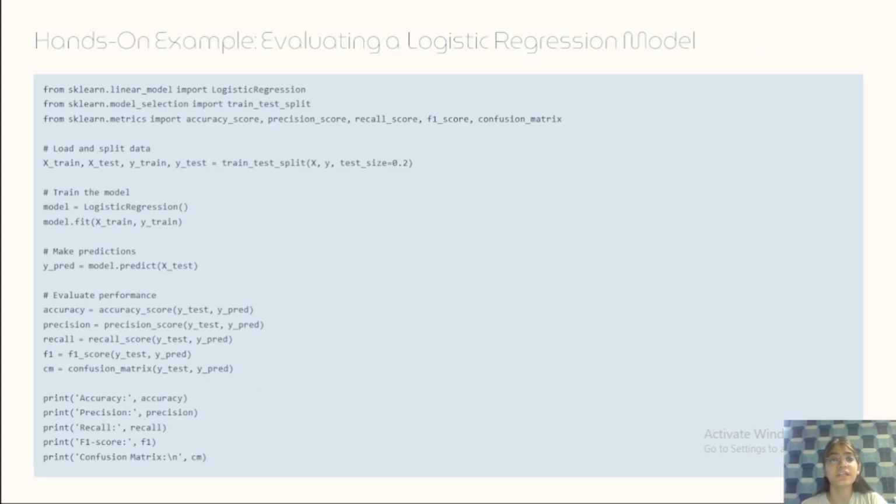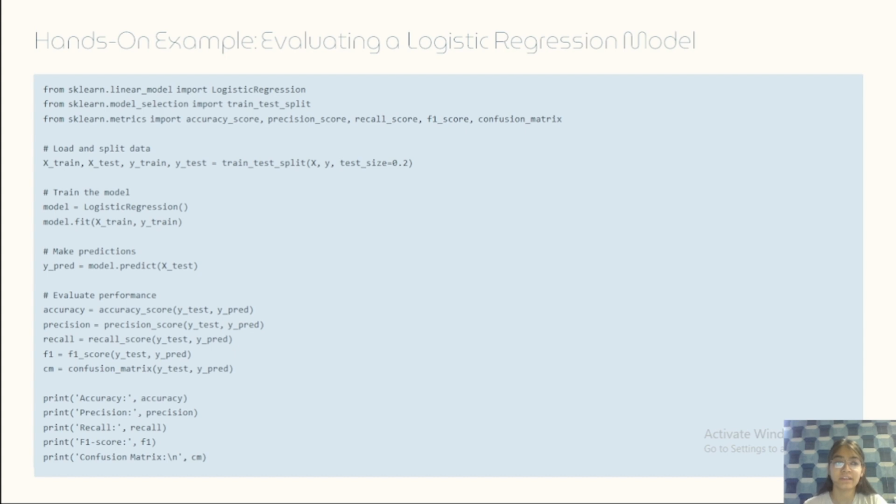Now we are using another model, that is a logistic regression model. Same here, we are importing libraries like LogisticRegression, train_test_split, accuracy_score, precision_score, recall_score, f1_score, and confusion_matrix. Here we load and split the data, train the model, make predictions, evaluate the performance, and finally print the values.